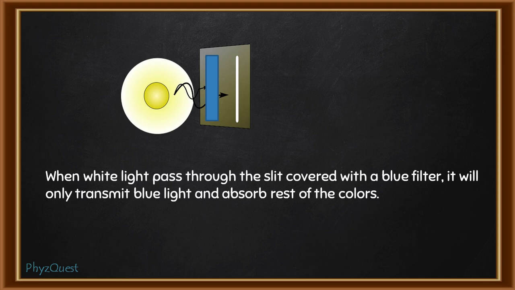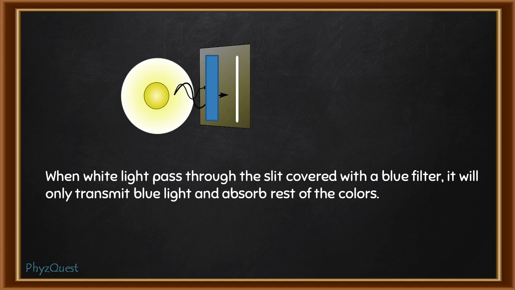So when white light passes through the slit which is covered with a blue filter, it will absorb the rest of the colors and only transmit the blue light.